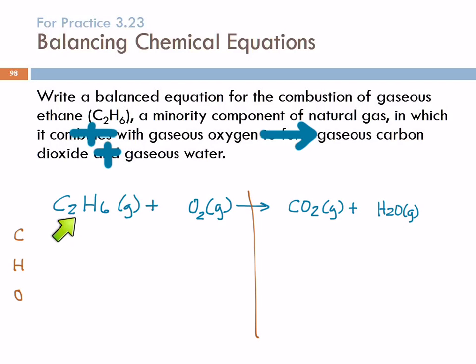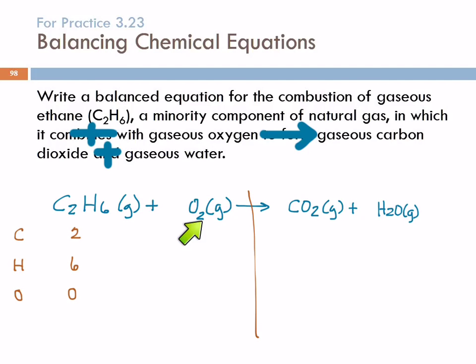So under the formula for C2H6, I'm going to identify how many carbons, hydrogens, and oxygens are in the formula. So there's 2 carbons, and there's 6 hydrogens, and there's 0 oxygens. And I'm just going to do that for each compound or each element.